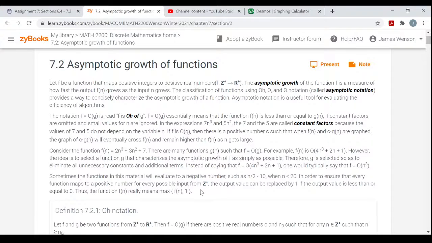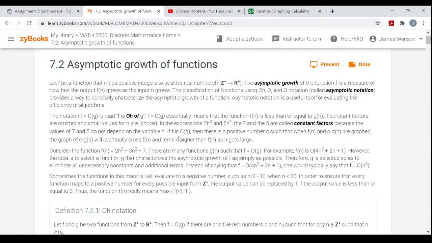I'll write out in my own words what big O, omega, and theta notation mean later. In the expressions 7n cubed and 5n squared, the 7 and the 5 are called constant factors, because the values of 7 and 5 do not depend on the variable n.